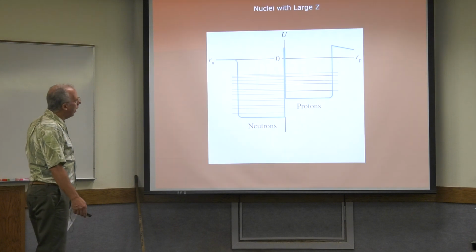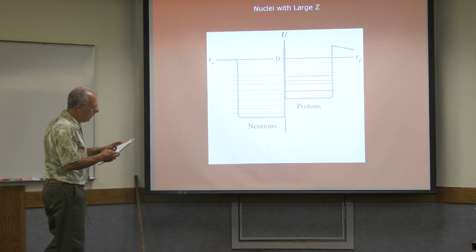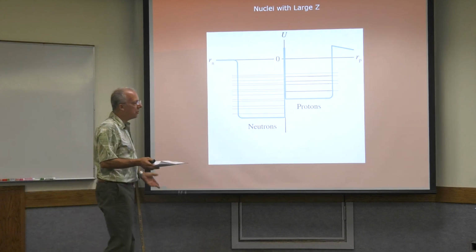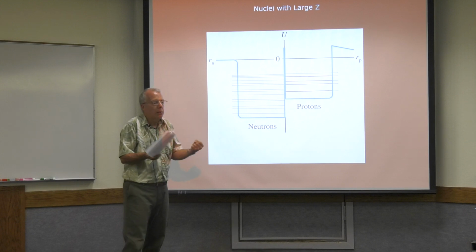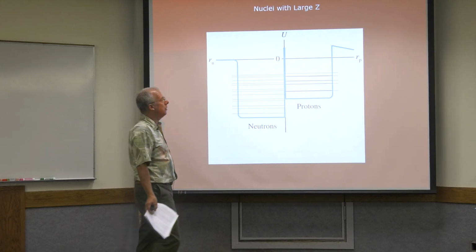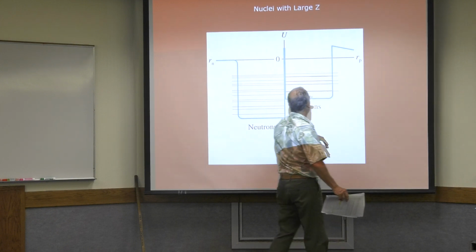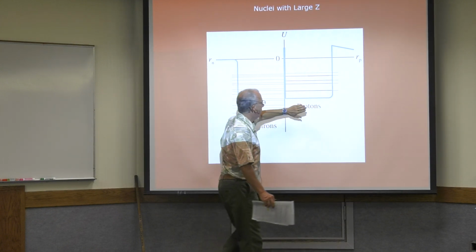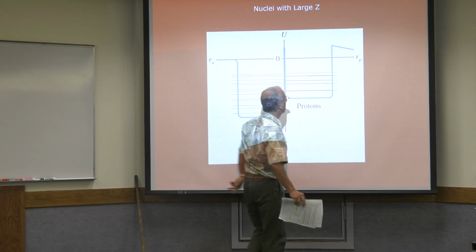What about large Z? Let's look at what we see. For large Z, that means we have a lot of protons, so there's a lot of repulsive forces, right? So there's a lot of positive potential energy, so you can't ignore this 1 over r like we could before. Since this is negative and this is positive, this whole thing gets pushed up.